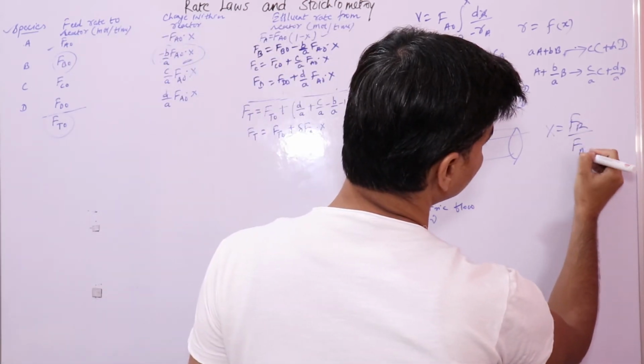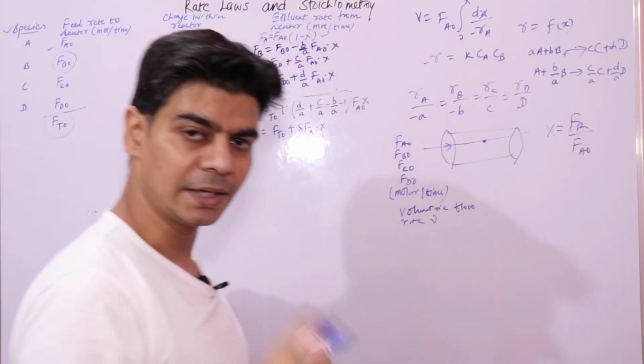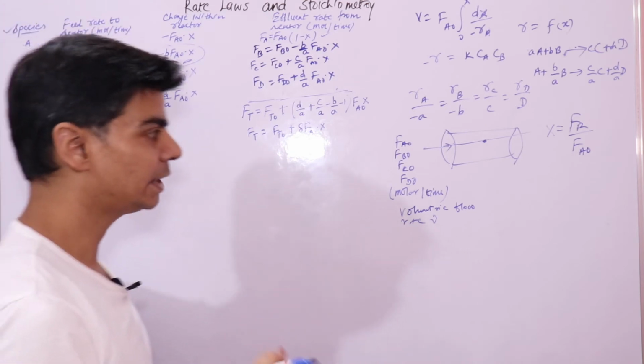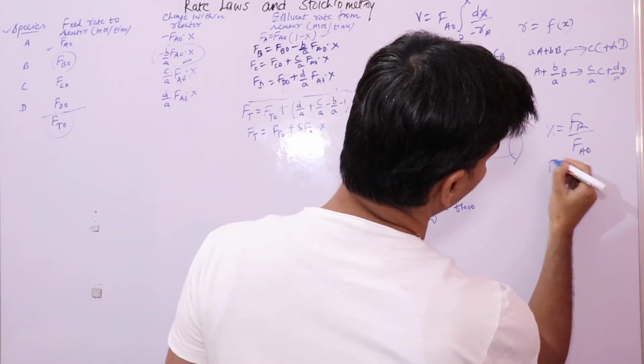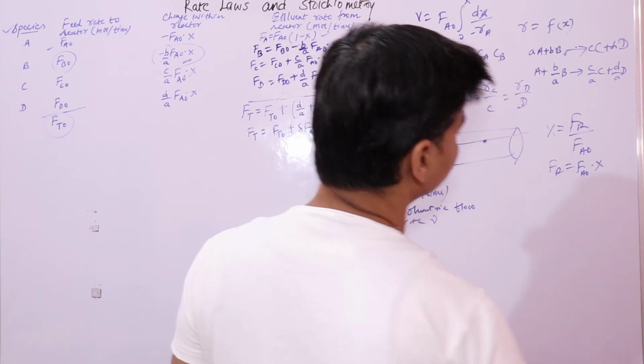Total number of moles is Fa0, right? So how much has reacted at any point, at any time t, would be Fa0 dot x.